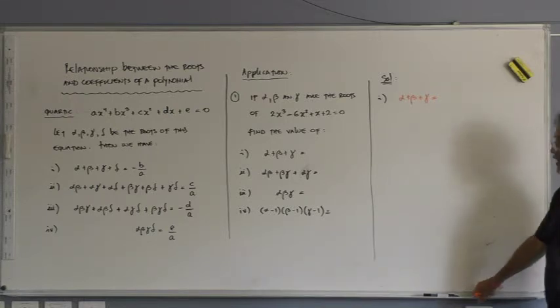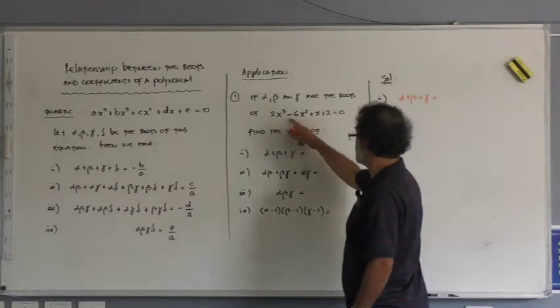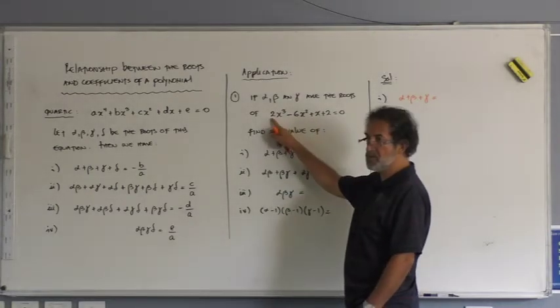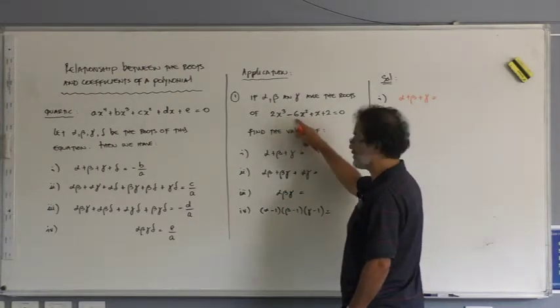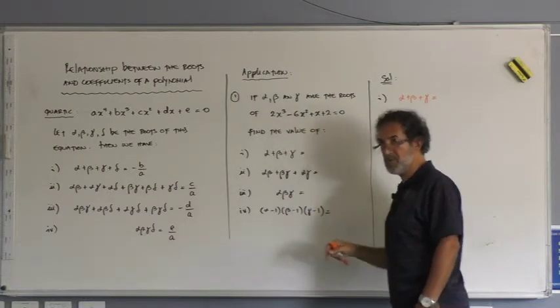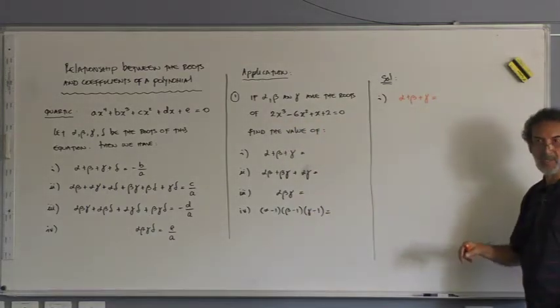We know that b is equal to minus 6 and a is equal to 2. So we're going to do minus minus 6 on 2, which gives you positive 6 divided by 2.